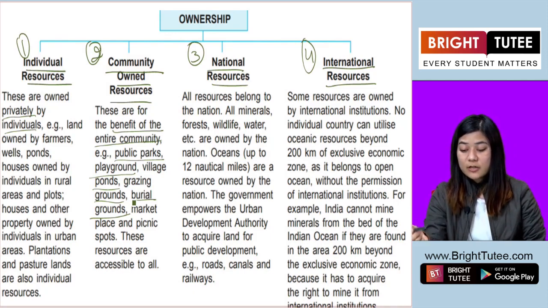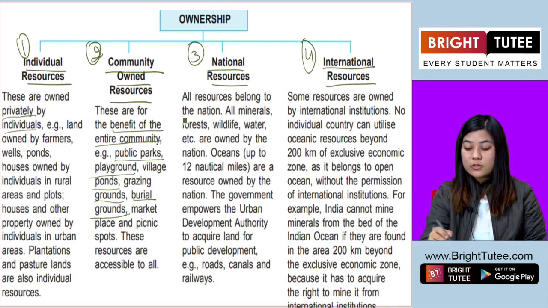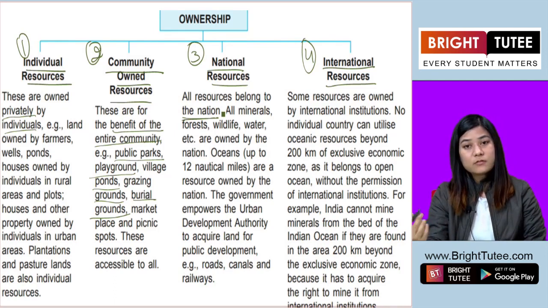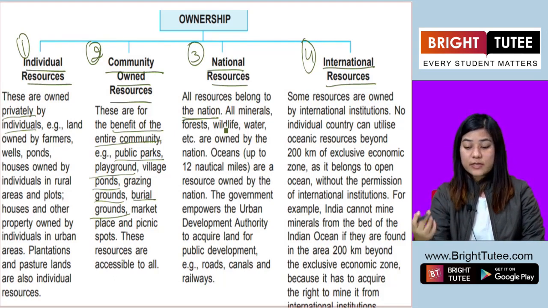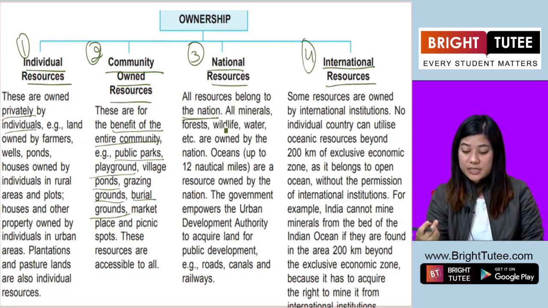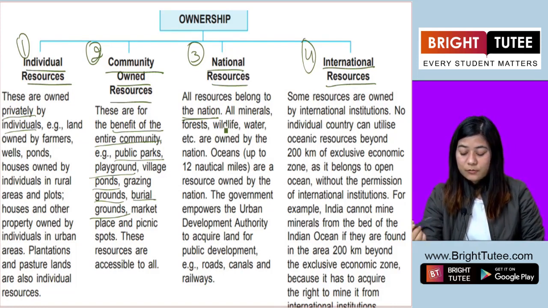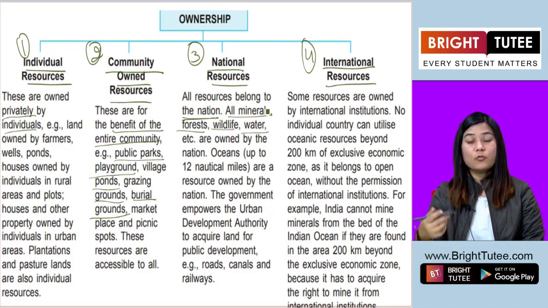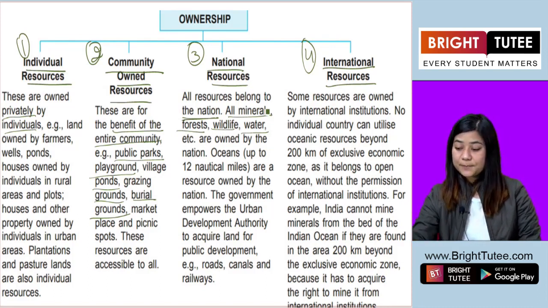National resources are those owned by the nation. Most of the resources that fall under a country are owned by the nation, the head of the country. For example, the forests, minerals, wildlife, and water are all owned by the nation.